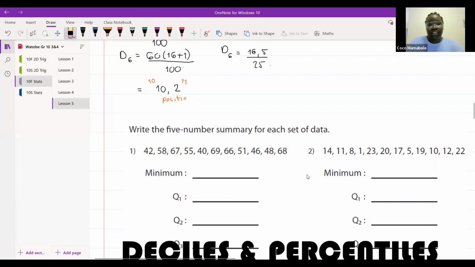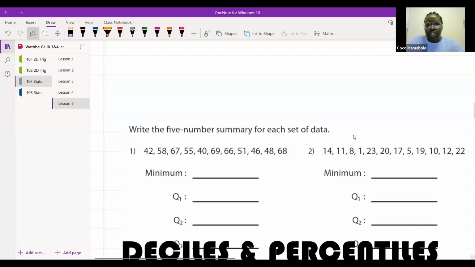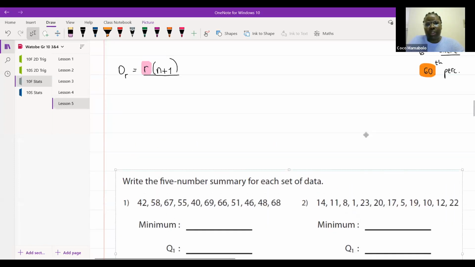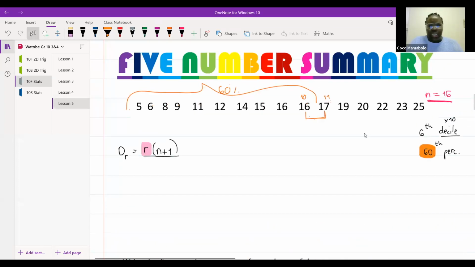Ma'am, what if in an examination paper they ask you to find the 12th percentile? Is that possible? Yes, absolutely. That's why we use percentiles. In fact, let's do it, Leah. We're not going to use the decile anymore, we're just going to use the percentile.